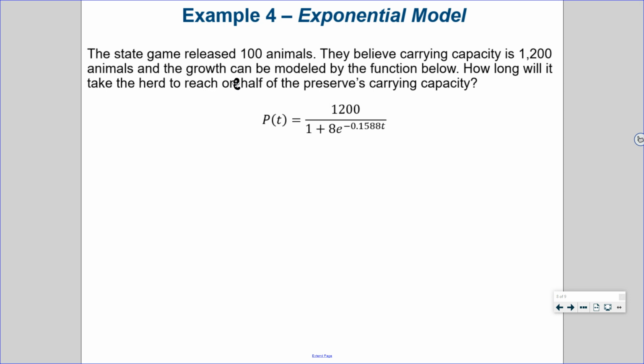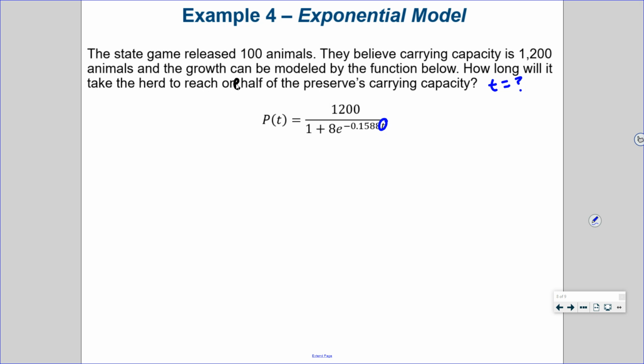Okay, so P of T is representing our number of animals here. So if our capacity is 1,200, and we're trying to figure out how long, so we don't know the time, that's what we're trying to solve for, the herd to reach half of our carrying capacity.